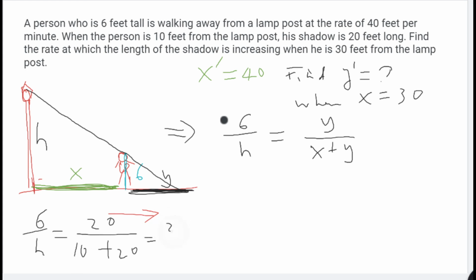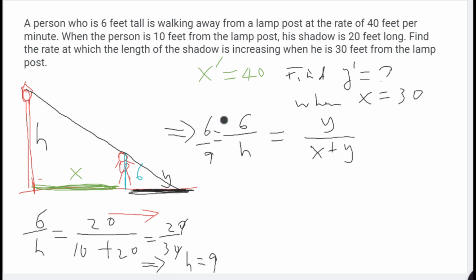So it's 20 over 30, or 2 over 3. And we'll be able to solve this for h. So h is going to be 9. Yes, h is 9. So that's the height of the lamppost. Plug in here, 6 over 9.